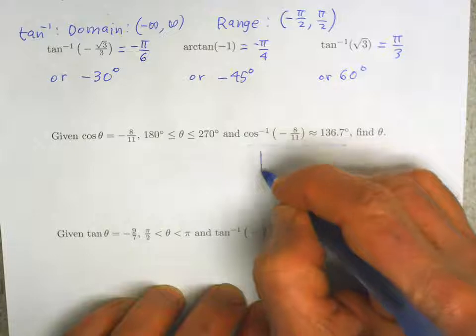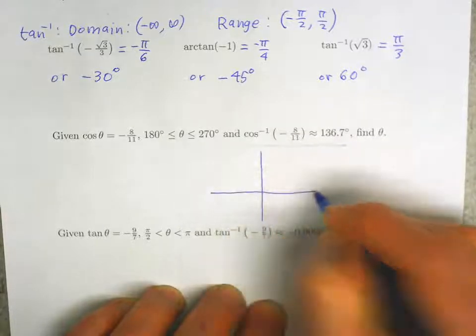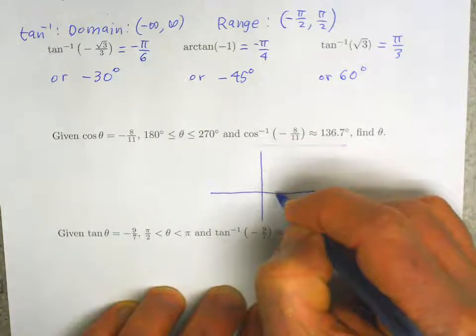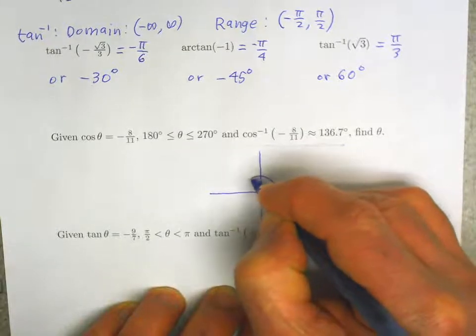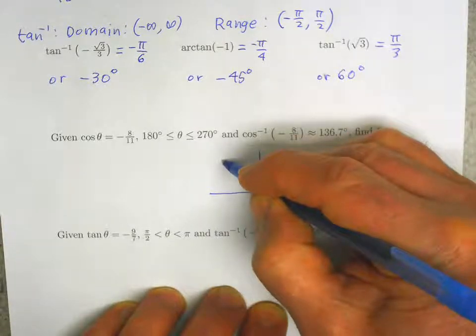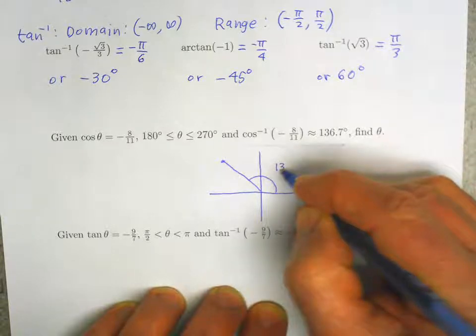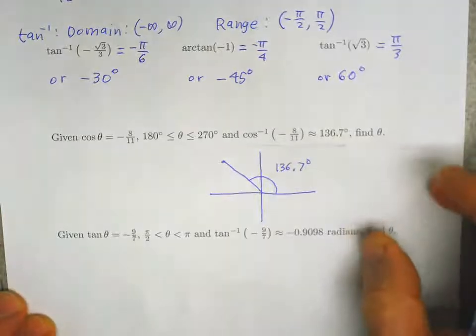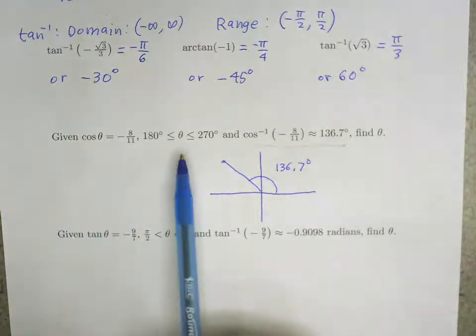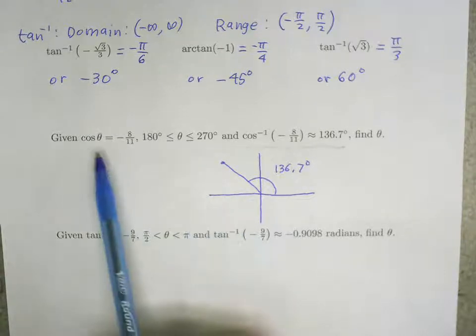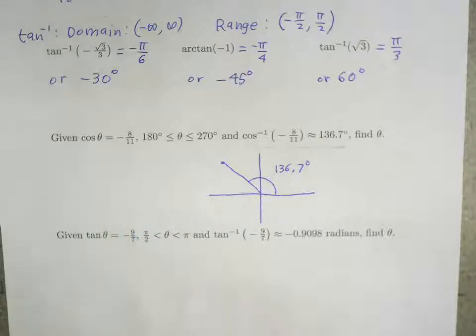So if we sketch this, 136.7 degrees, it's right in here somewhere. But we want to find the angle theta in the third quadrant down here, such that the cosine of theta is equal to negative 8/11.